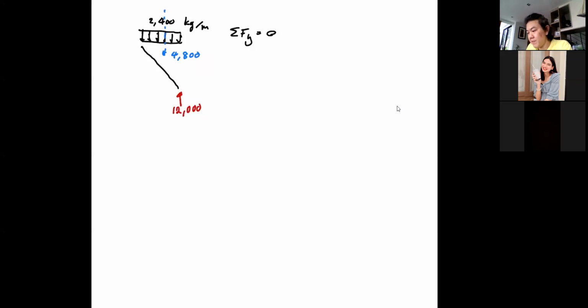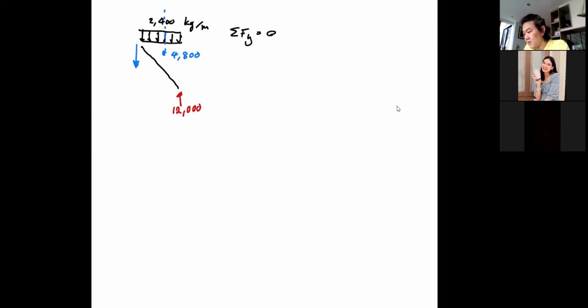So you have to believe in your free body diagram, because when you use sigma Fy equal to 0, you know that your reaction is larger than the total force on this member. So you should know that, in the end, your V here is going to be downward.